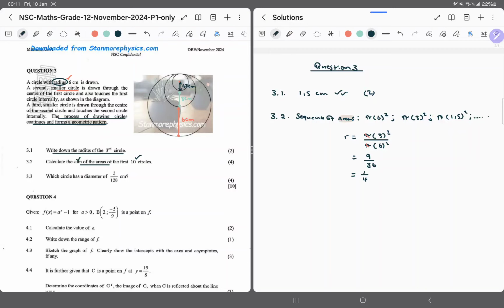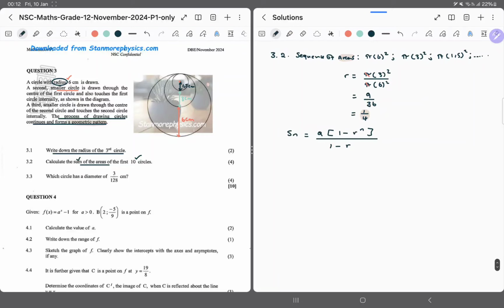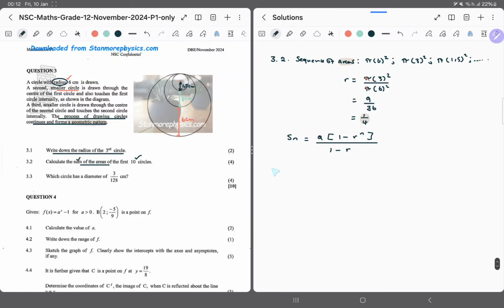Now what are we doing? The sum, and we can see here the sum is less than 1. So which formula is going to be important? We know that Sn is a into 1 minus r to the n, all divided by 1 minus r. Of course, we always have to choose the best formula for the job, okay?